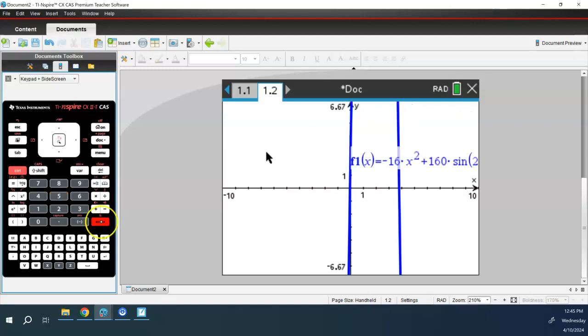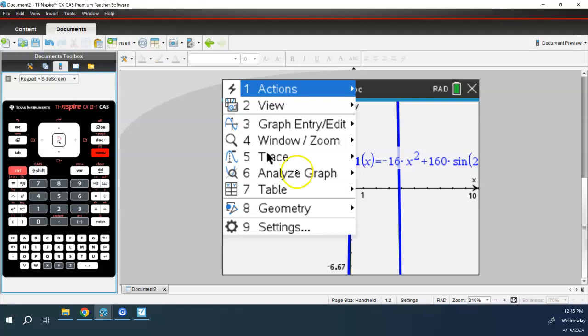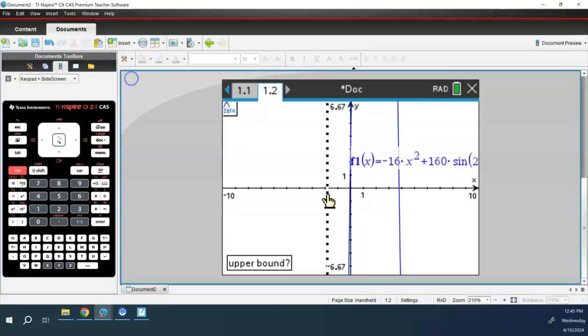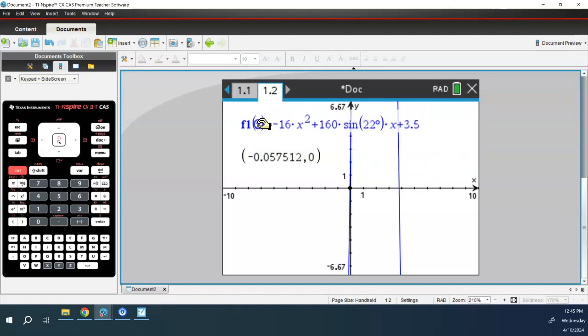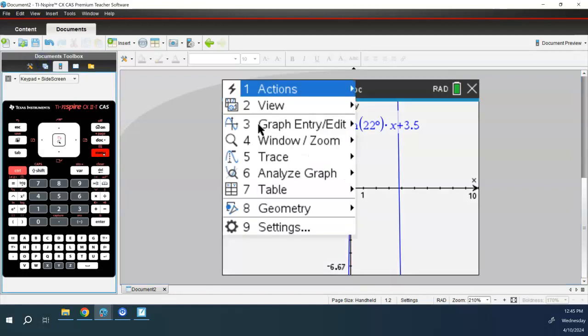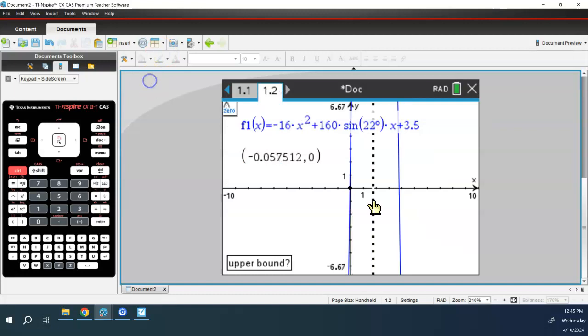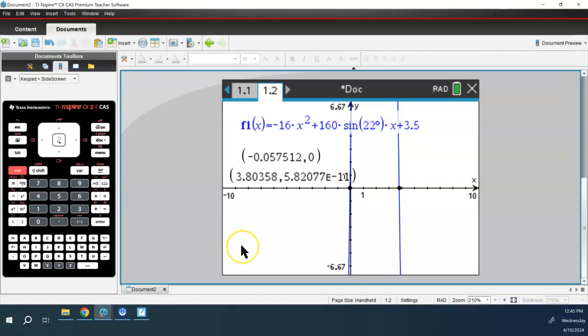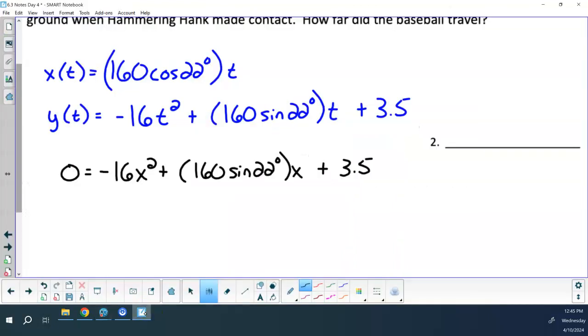And I'm going to hit enter, and that's going to give me a parabola that I can now analyze for some zeros. So I get 1 zero there. Do I like that zero? No, because that's back in time. Can't do that. So I'm going to analyze for the other zero, and I get that one. So that's telling me that I have 3.80358 seconds that that ball is in the air.